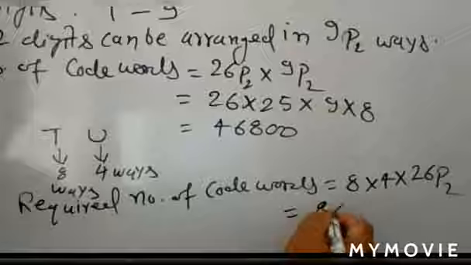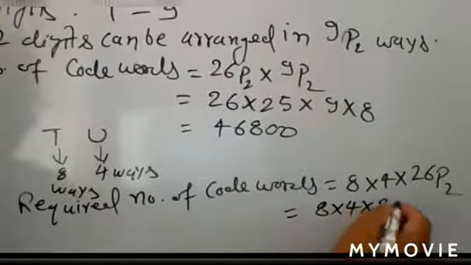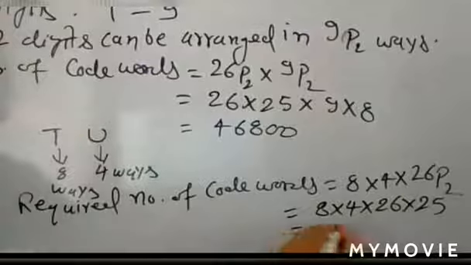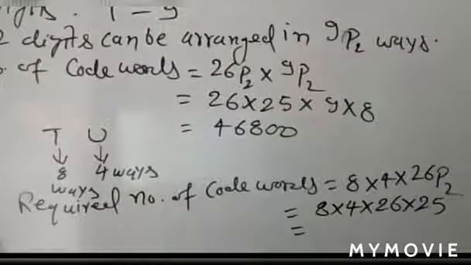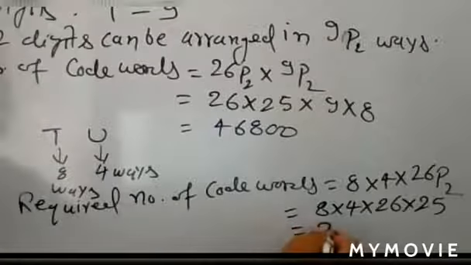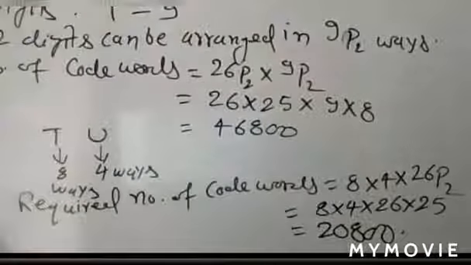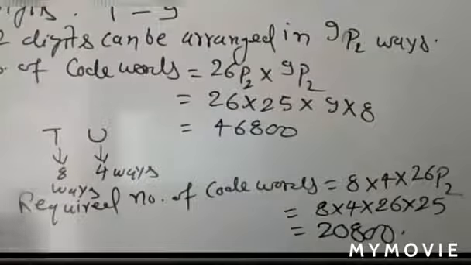So here you have 8 into 4 into 26 into 25. Simplify. So that gives your answer. Check it. What is that? 20,800. Understand? Check it.